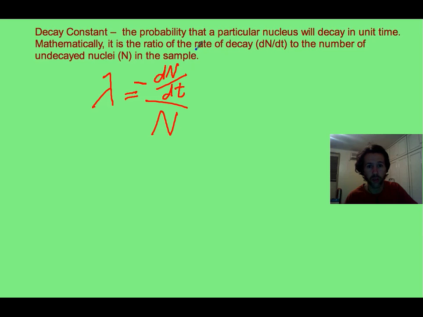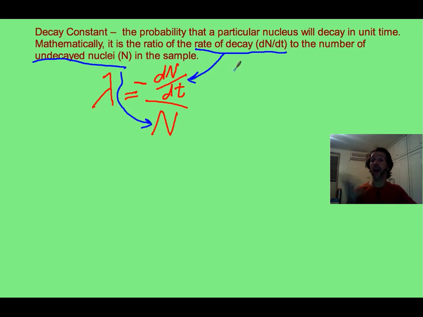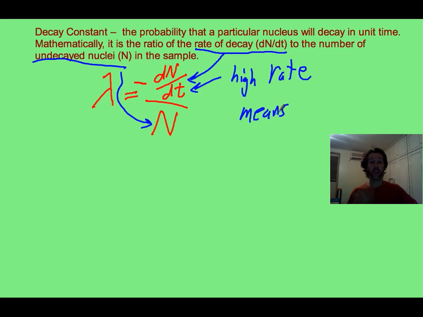If this is the rate of decay right here, and the decay constant is equal to this rate divided by the undecayed nuclei, what you can see is that if you have something that has a high rate of decay, that would mean that this number, the decay constant, is going to be high. So if something's decaying very fast, has a high probability of decaying, that will have a large decay constant.